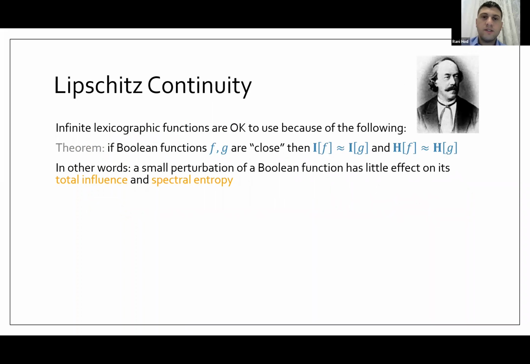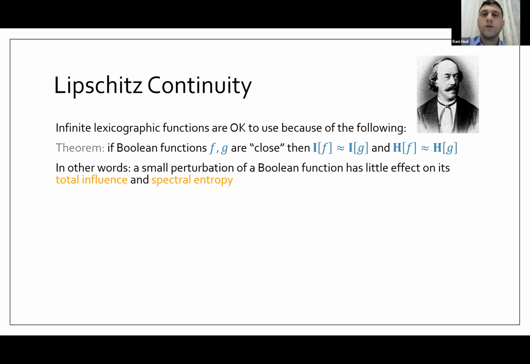And since the influence and entropy are both continuous in the Lipschitz sense, meaning that changing very few values in the function doesn't really change the influence or the entropy, we can say, okay, there's the infinite function. I can approximate it by some function on 100 or 1 million variables, and the difference wouldn't be as large.